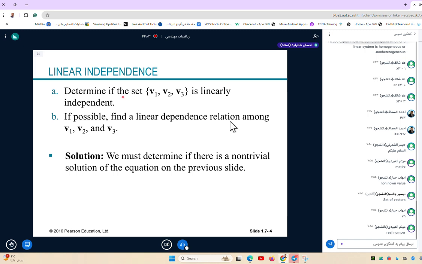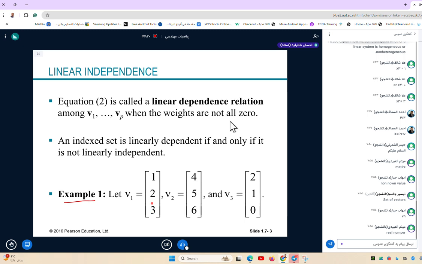The question is to determine if the set v1, v2, v3 is linearly independent or dependent. The set of these three vectors, do you think that these are linearly dependent or independent?